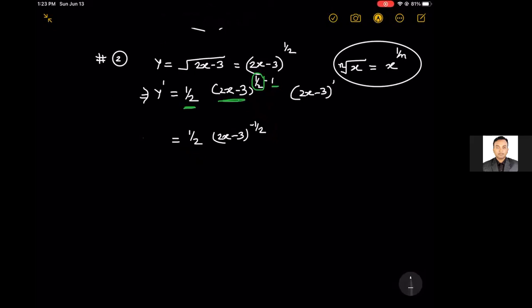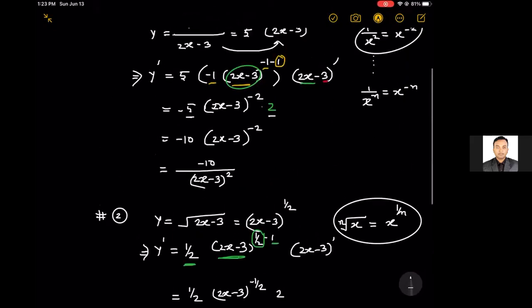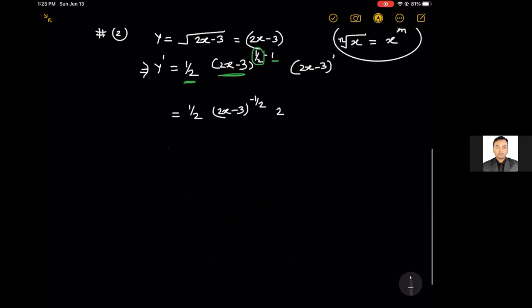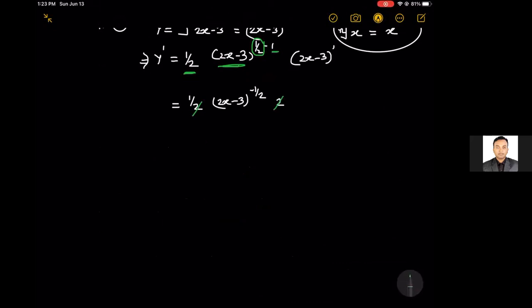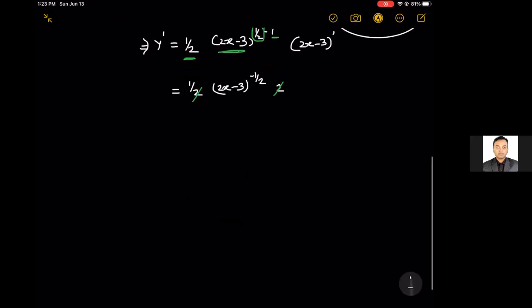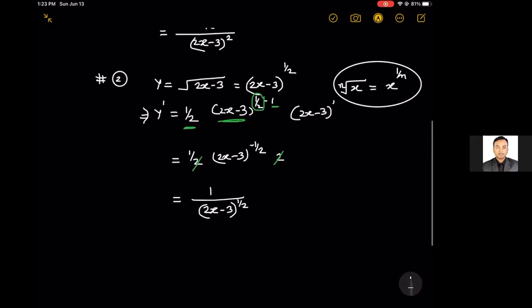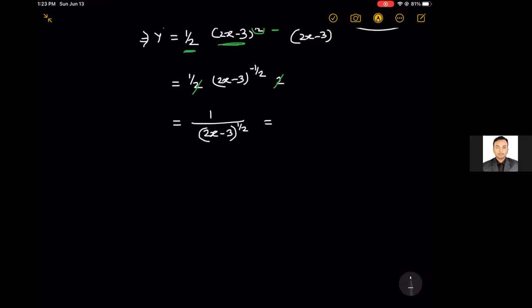And again, we know the derivative of 2x minus 3 is 2, right? So overall, you can see this half and 2 will get cancelled. And we can rewrite it as 1 over 2x minus 3 to the power half. Do you agree? Or maybe we can rewrite it as this, 1 over square root of 2x minus 3. Whichever you feel like writing, it's completely fine.